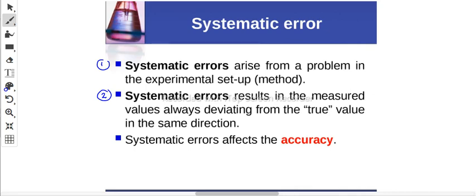For example, if you are inside the lab and you want to measure the mass of a precipitate, definitely you're going to filter out the precipitate. After that, you will take the precipitate and put it inside the oven in order to dry it. So if the method says to dry it inside the oven for 2 minutes, and these 2 minutes are not enough to fully dry, what will happen?